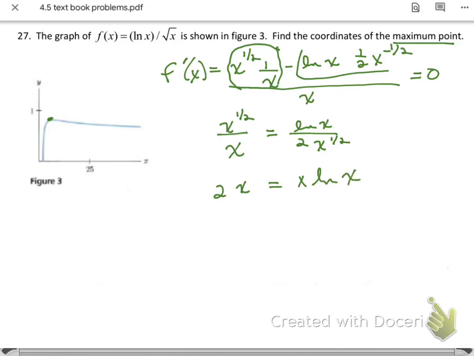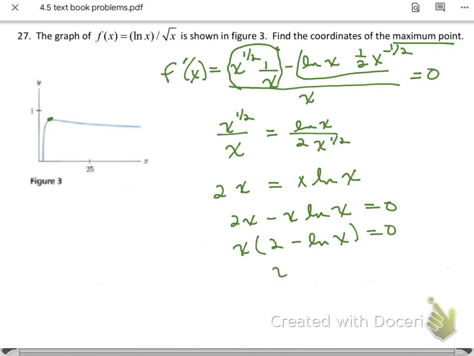Okay, so I'm not done yet because I haven't isolated x. I've got x all over the place. Do not, at this point, divide by x because that will drop a root. So I'm just going to bring the right-hand side over, set it equal to 0. I'm now going to factor and get x times 2 minus natural log of x equals 0.